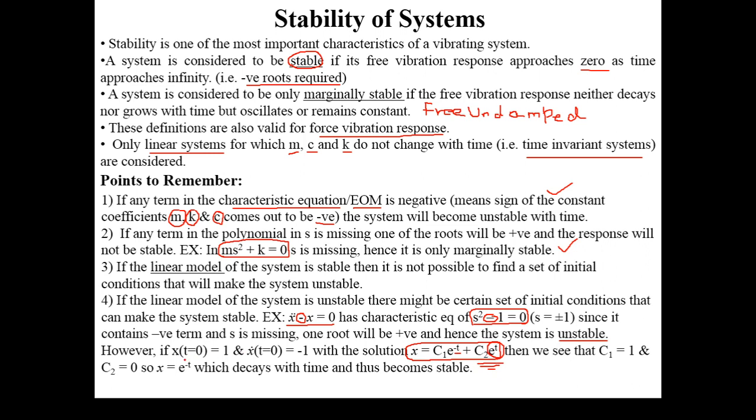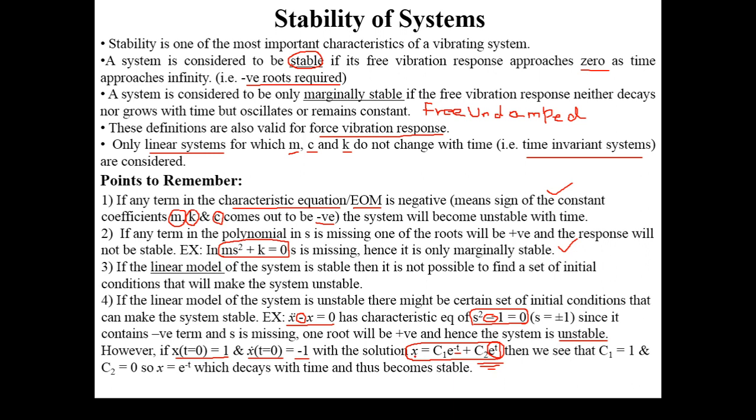And you can check now that if we assume that the displacement at time t equals 0 is, let's say, 1 centimeter or 1 inch or 1 meter, and the initial velocity at time t equals 0 is set to be negative 1 centimeter per second, inch per second, or meter per second, then this C2 can become 0.